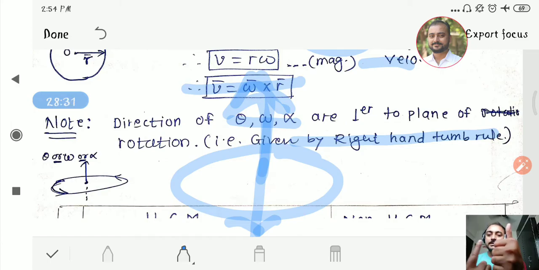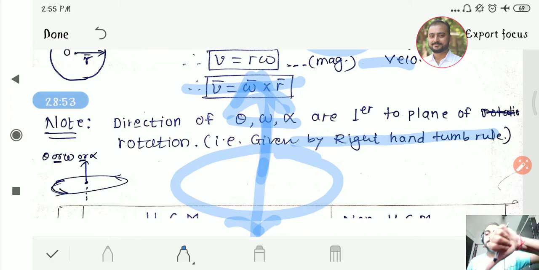If the particle is performing anticlockwise motion, thumbs up, the direction is upward for theta, omega, alpha, that is in the positive direction.